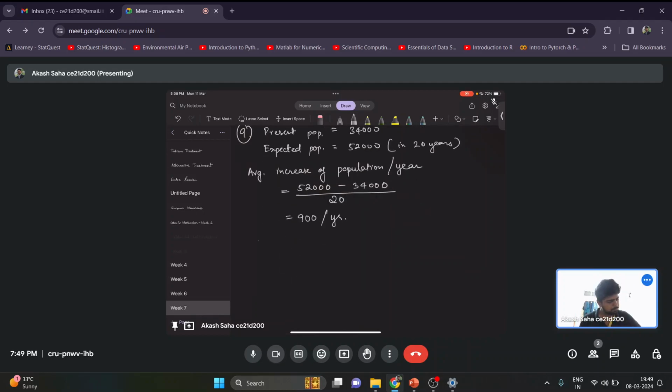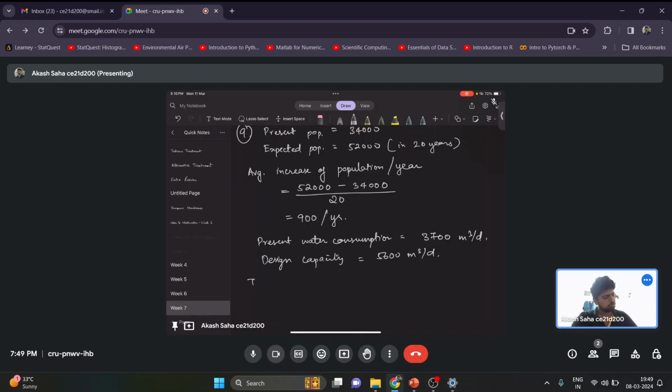Now the present water consumption, if you see, it is 3700 meter cube per day, and the design capacity is 5600 meter cube per day.